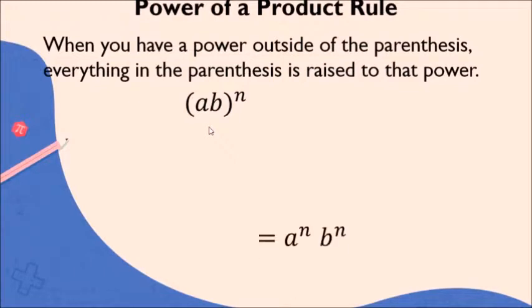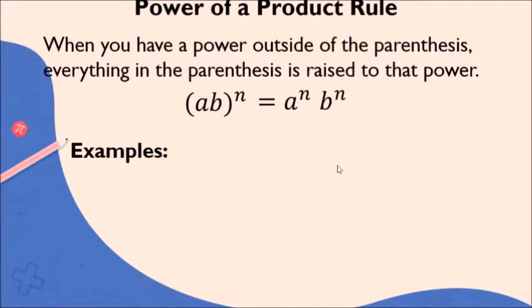So that would be A raised to the power of n and B raised to the power of n. All you have to do is to distribute the power in every element here inside the parenthesis. Okay? Got that one? Okay.